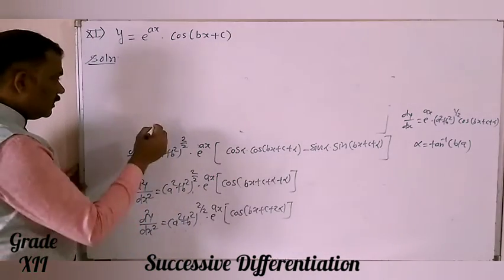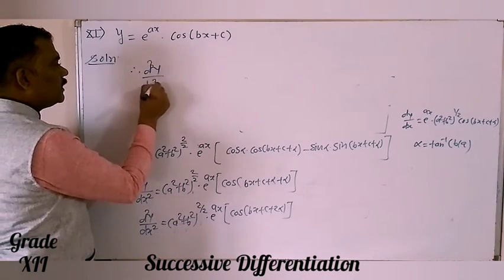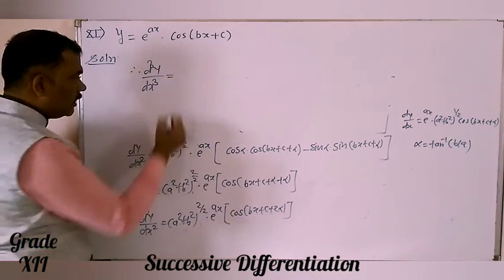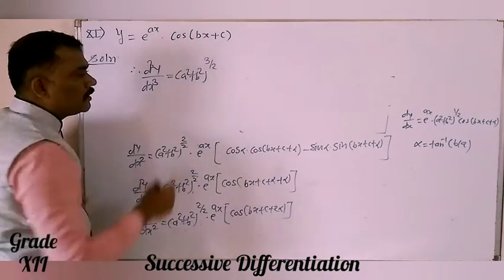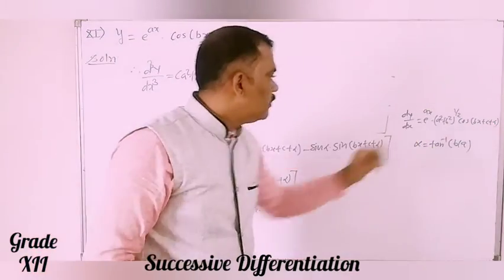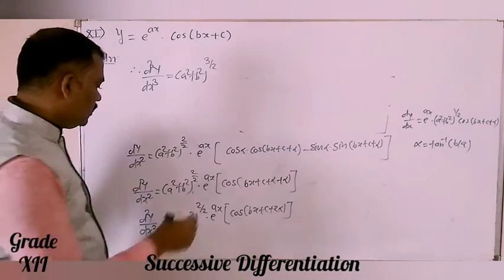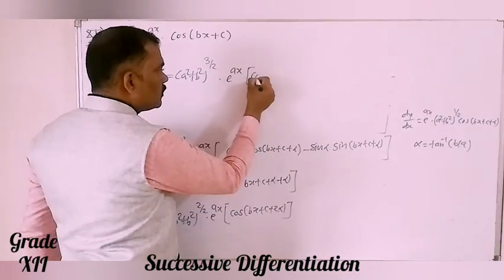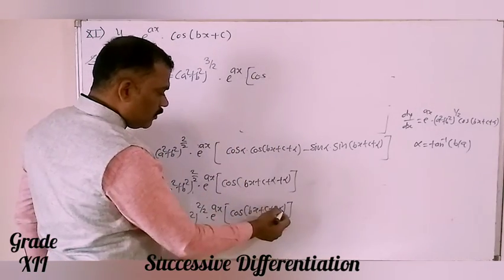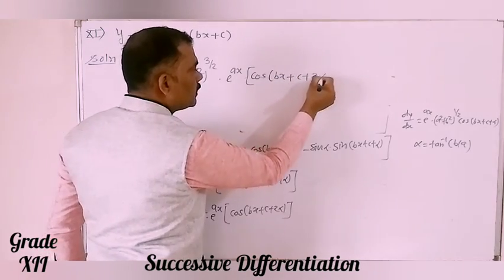So that we can write, therefore d3y by dx raised to 3, that can be written as a square plus b square raised to 3 by 2. First order derivative 1 by 2, second order derivative 2 by 2, denominator is same, so that 3 by 2 into e raised to ax into cos of, here 2 alpha is there, so write cos of bx plus c plus 3 alpha.